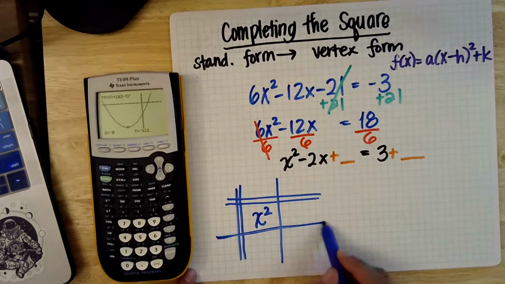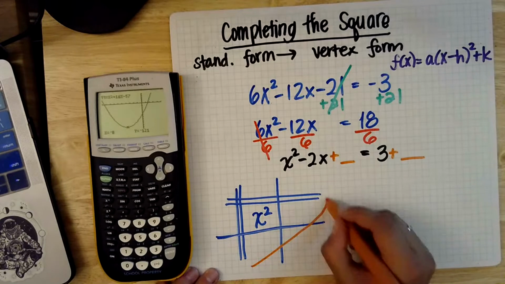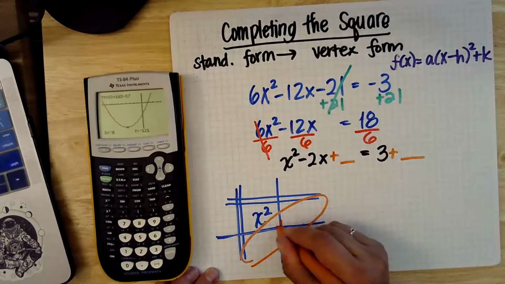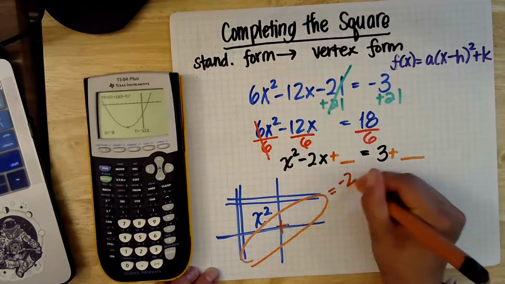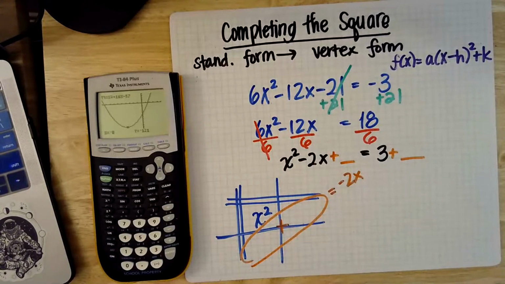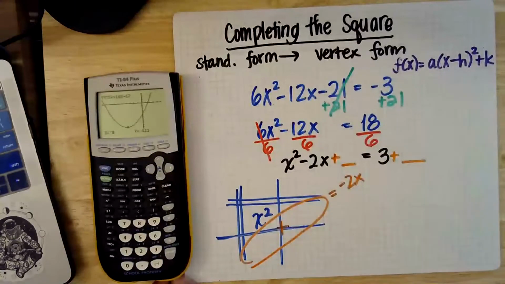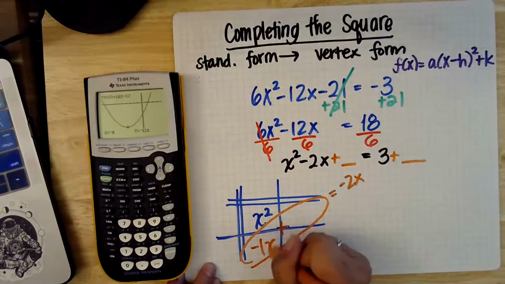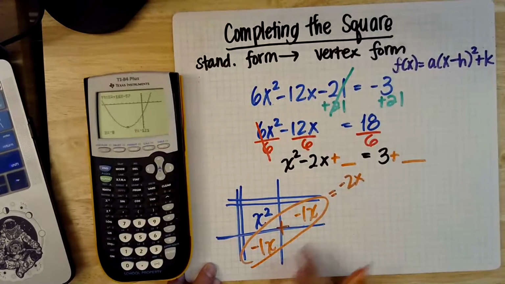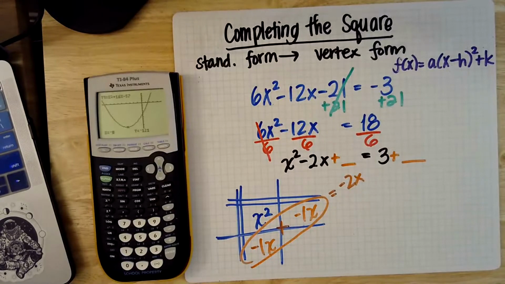It's a perfect box because these two values here must add up to the negative 2x, but they have to be identical. So two values that when I add them together give me negative 2x, and they are identical: negative 1x and negative 1x. Negative 1x plus negative 1x gives me negative 2x. Bam.